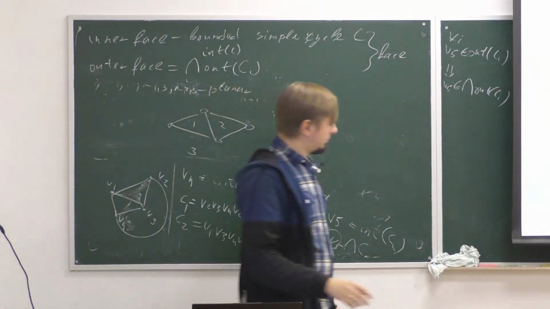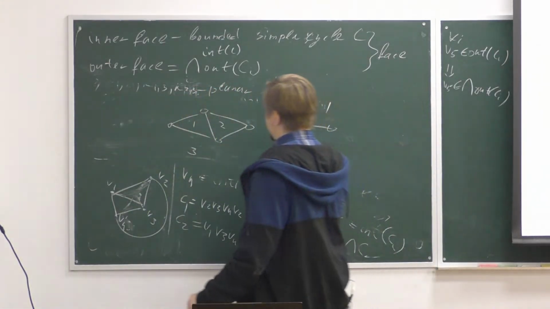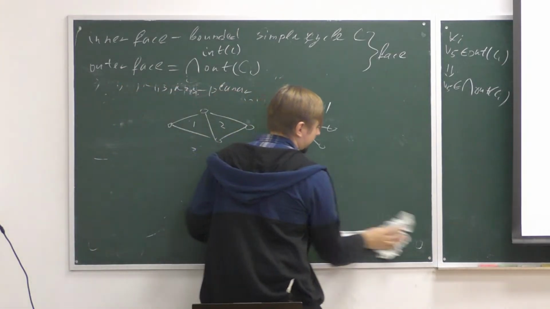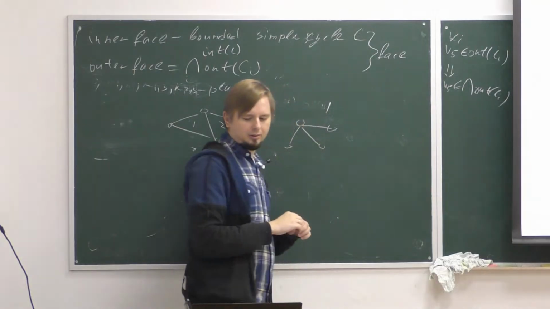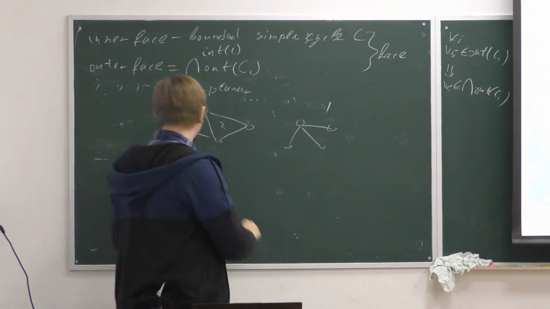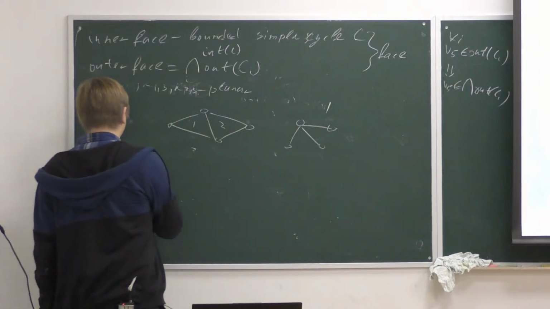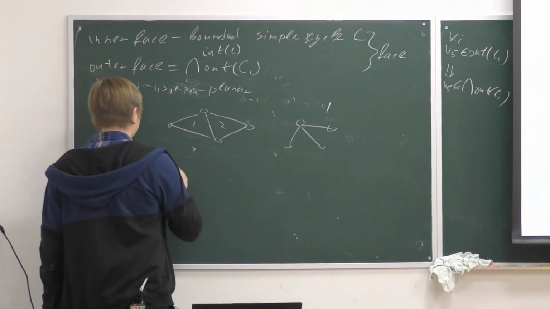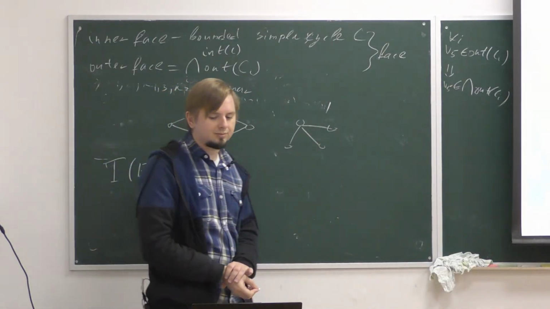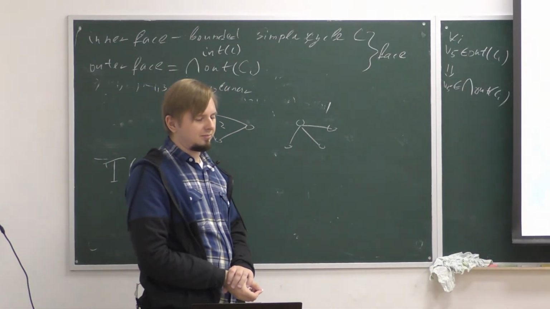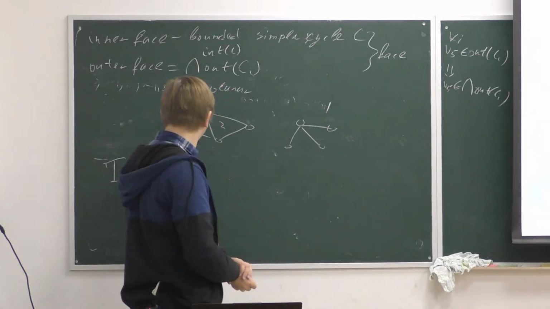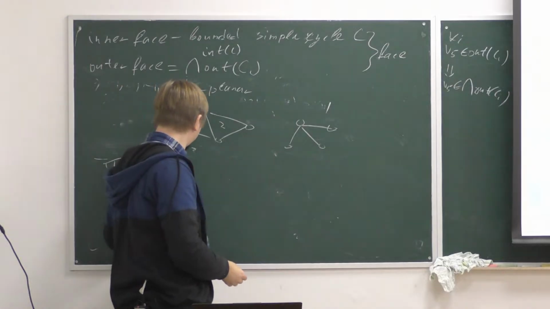So the first very famous theorem is the so-called Euler theorem. I think you all know what it's about. What's Euler's theorem? We will go about it in a simpler way.